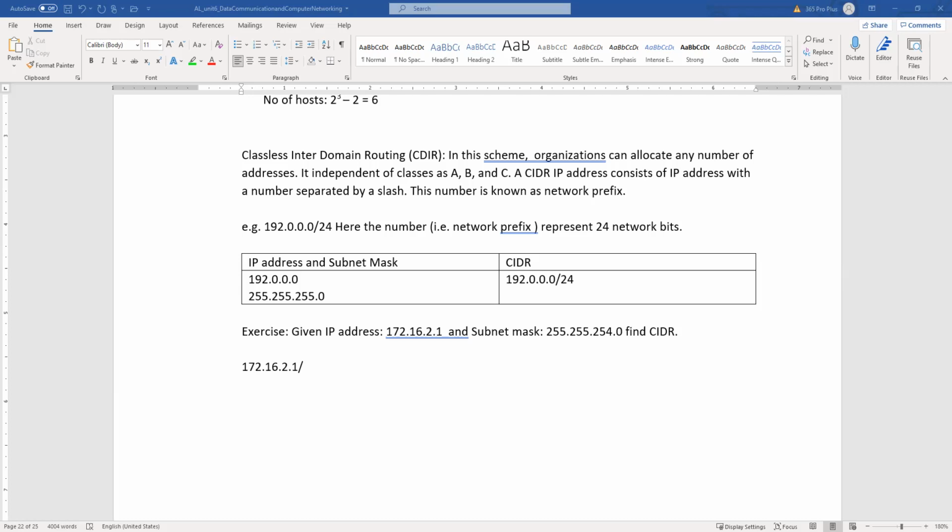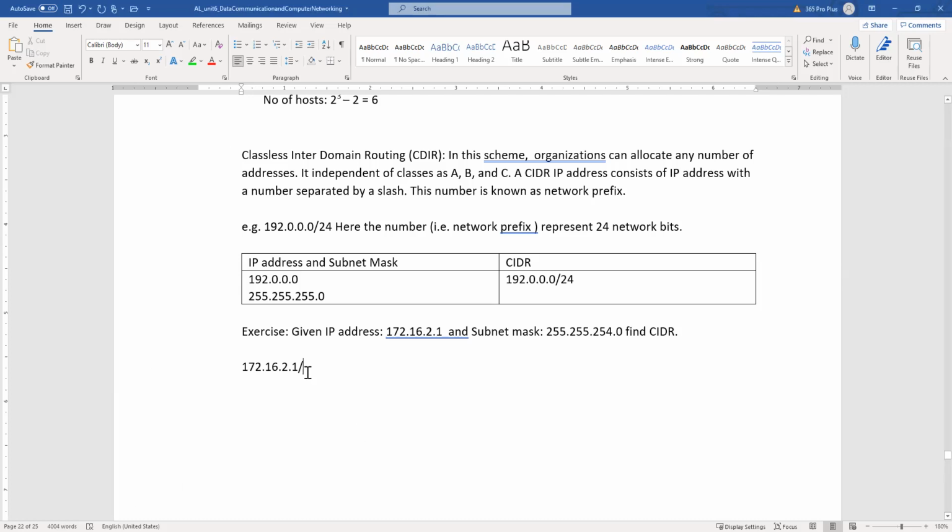Let's look at another example. Say we have 172.16.2.1 and the subnet mask is 255.255.254.0. Let's find out what the CIDR is. We have 255.255, so we have 8 and 8, which is 16. Then 254 gives another 7. 16 plus 7 is 23.